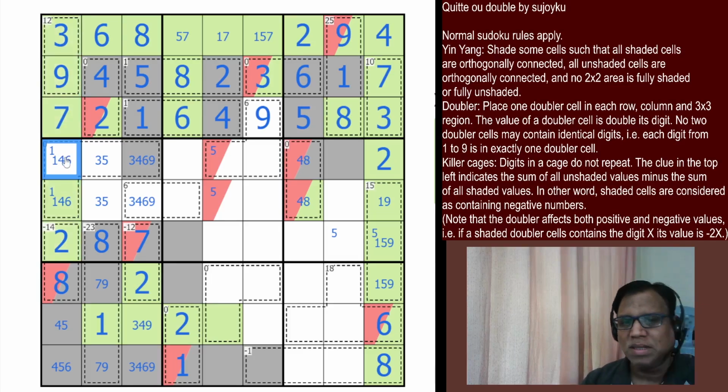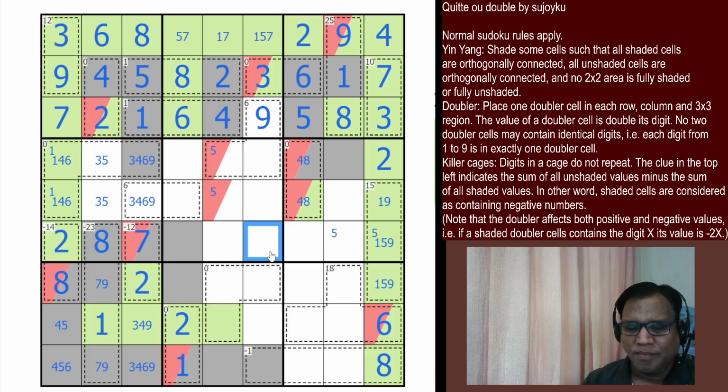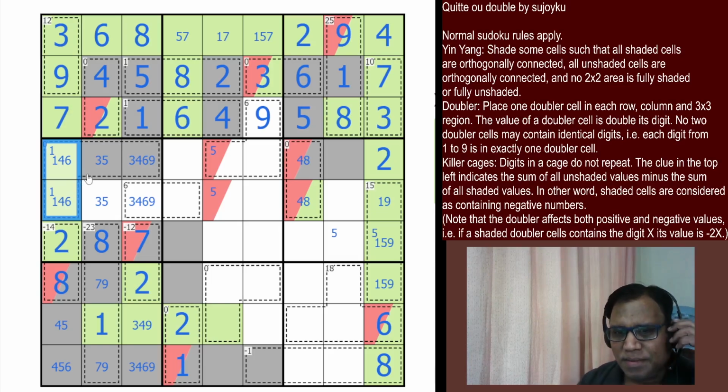Border must be all of the same color, so this is unshaded. Right. And that means that has to be shaded, right? To avoid the pattern. Okay. Right. So these both are negative, these both are positive. And one is definitely there. Okay.